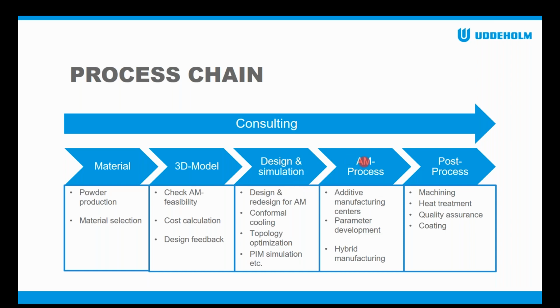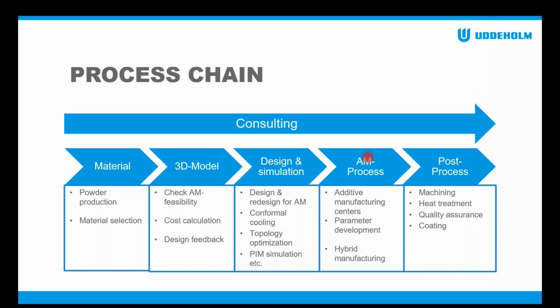And then we move on to the AM process. So in the beginning, our aim was just to produce powder and be a supplier of material as we are today. But the problem is that there aren't too many printing companies out there. So we have also invested in multiple machines.